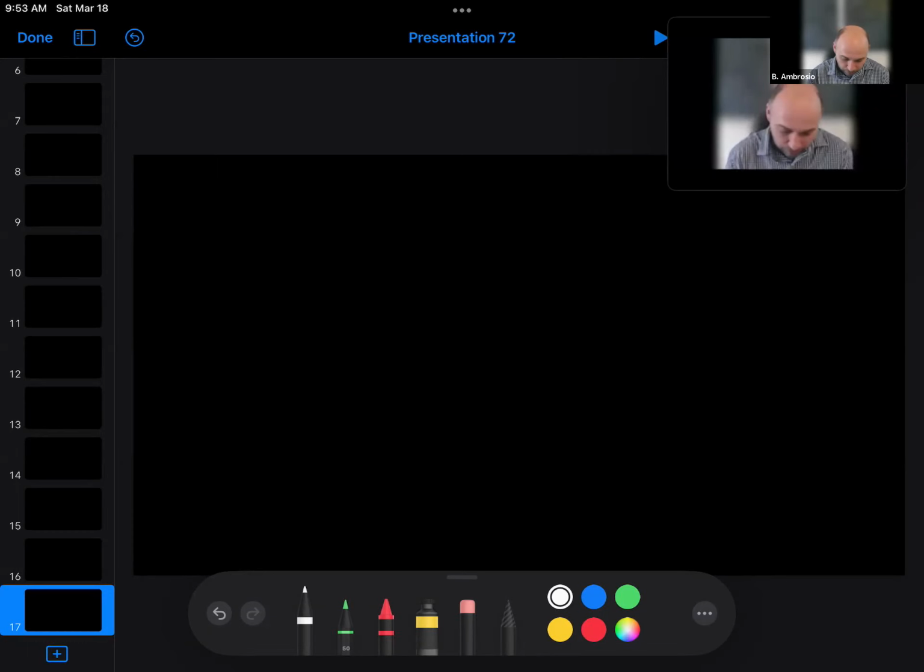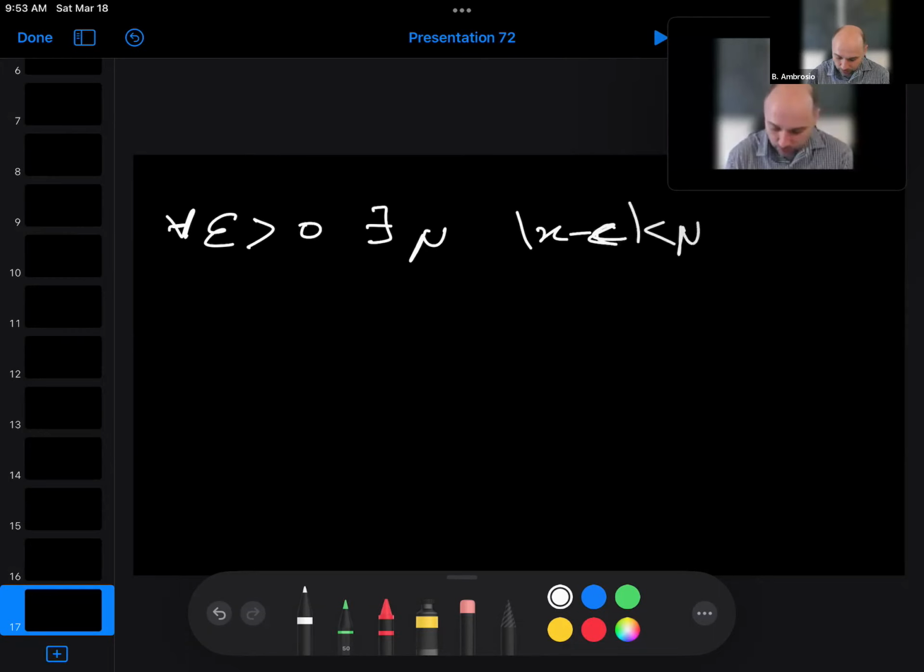So if for all epsilon, a number that is supposed to be small to be relevant, positive, there exists a number mu such that if x minus c is less than mu, this implies that f of x minus L is less than epsilon.